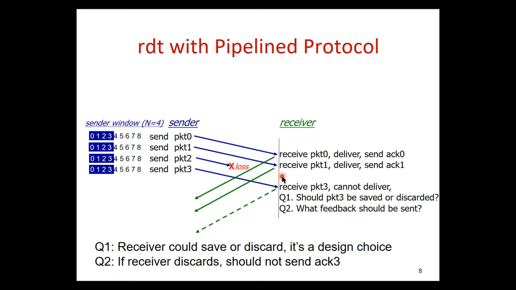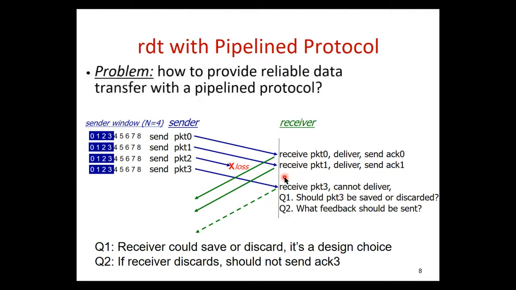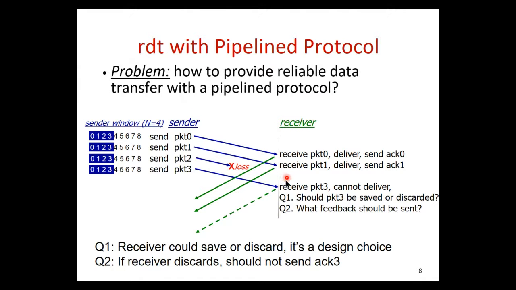There's a gap. So now there are some conceptual issues or questions that we need to ask here. The first question: if the receiver receives packet 3 with a gap, should it save or should it discard packet 3, given that packet 3 cannot be delivered right away to the upper layer?